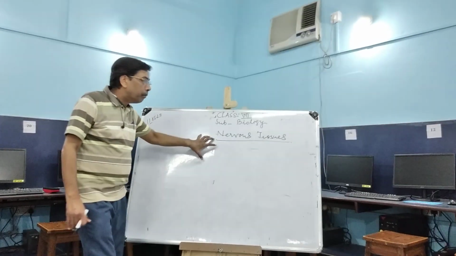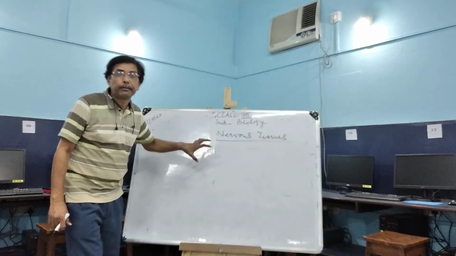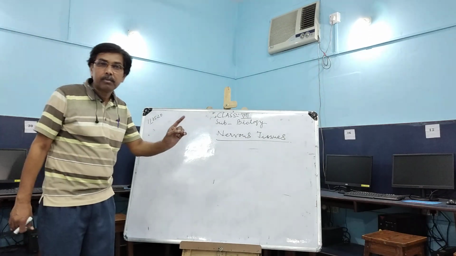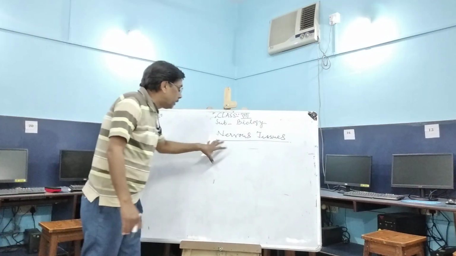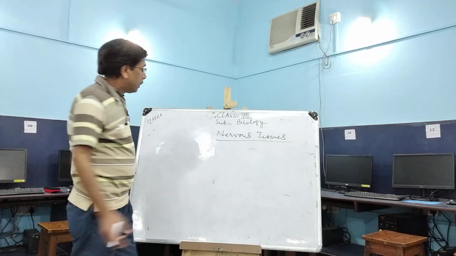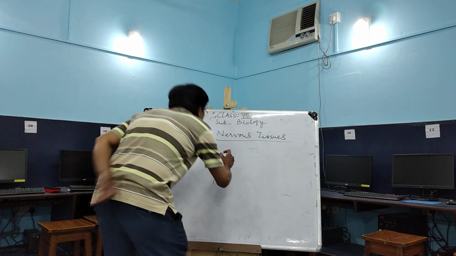They are made up of long nerve cells which are called neurons. So neurons are the structural unit of the nervous system. Okay, so let's see the structure of a neuron.